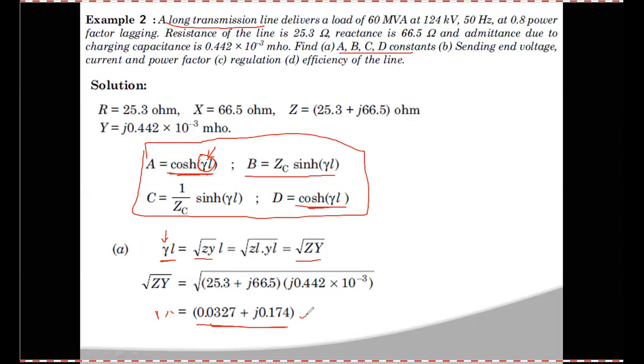Hyperbolic functions sinh or cosh of a complex number cannot be determined directly using your calculators, so you have to use alternative methods for determining these two values.